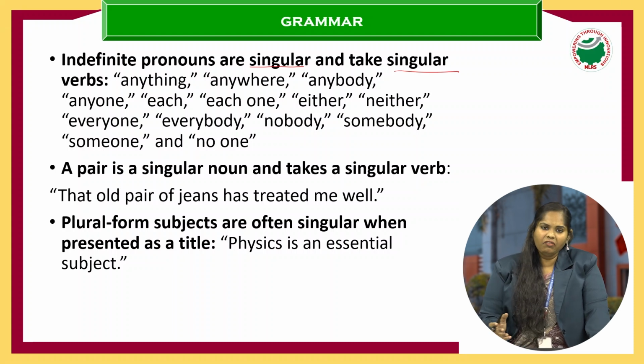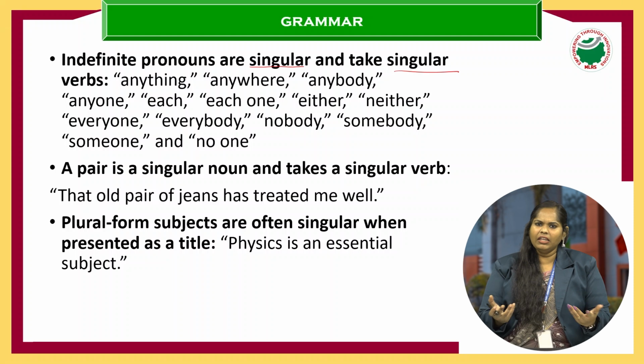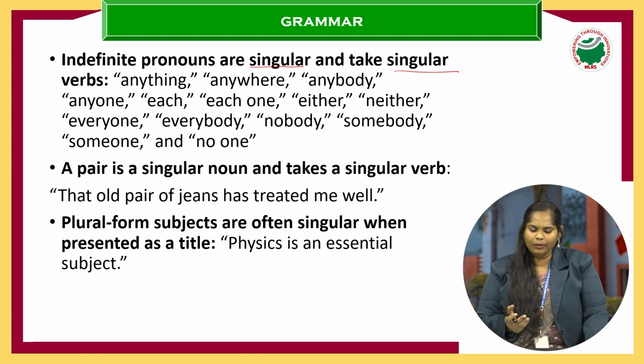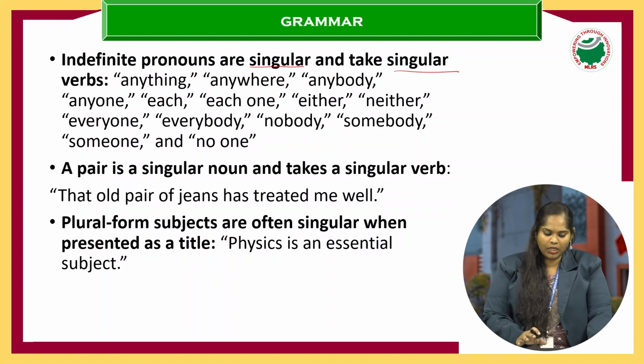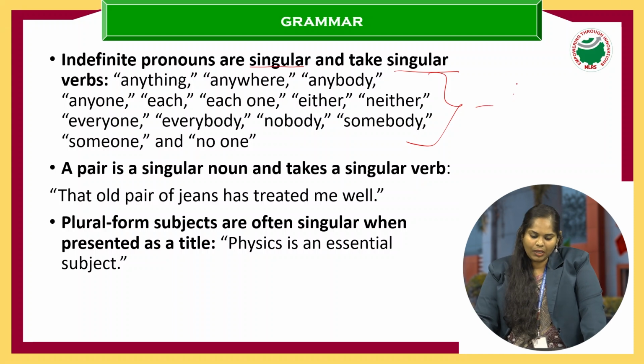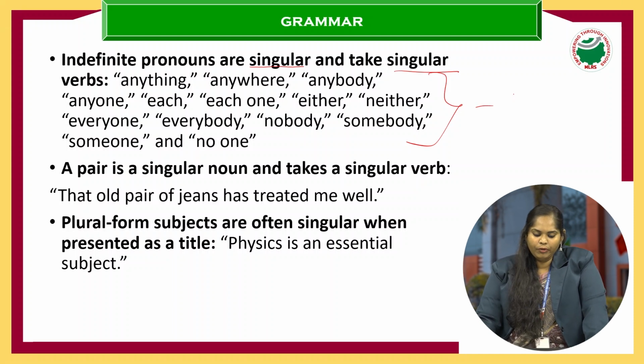Because it's anywhere, anyone can be anything, you might get confused. So indefinite pronouns are singulars. You have to consider all these words as singulars only. So for singular, you'll be using singular verbs. So as I mentioned, each, everyone in this world is unique.